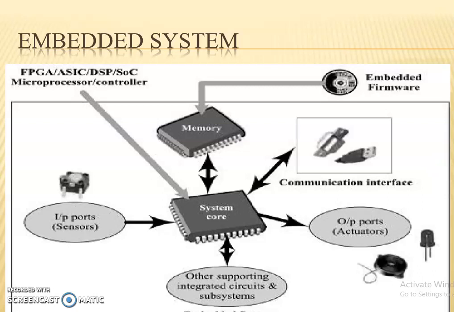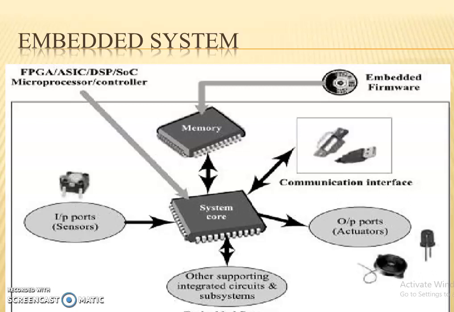Now let us see the components in the embedded system. The components are processor, memory, peripherals, then the main program, that is the software. Processor is the heart of an embedded system.